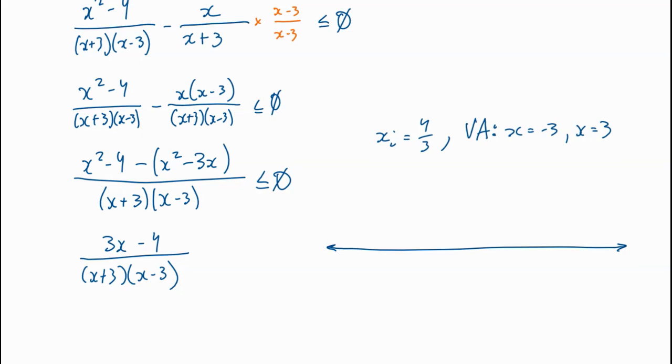So we've got negative 3, four-thirds, and positive 3. And we show the asymptotes as asymptotes.